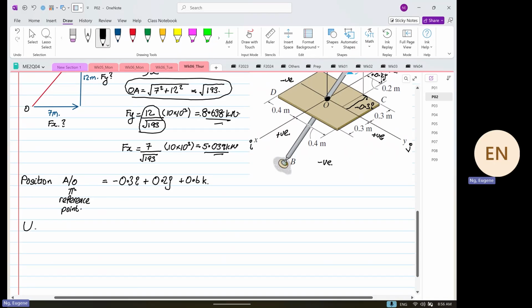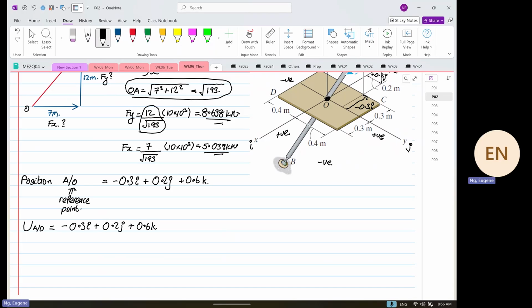So you have U, A, relative to O. You put the minus 0.3 I plus 0.2 J and plus 0.6 K. Then after that, you divide by the square root of 0.3 squared plus 0.2 squared. Oh, let me put some brackets. You ask me, didn't you tell us it's minus?